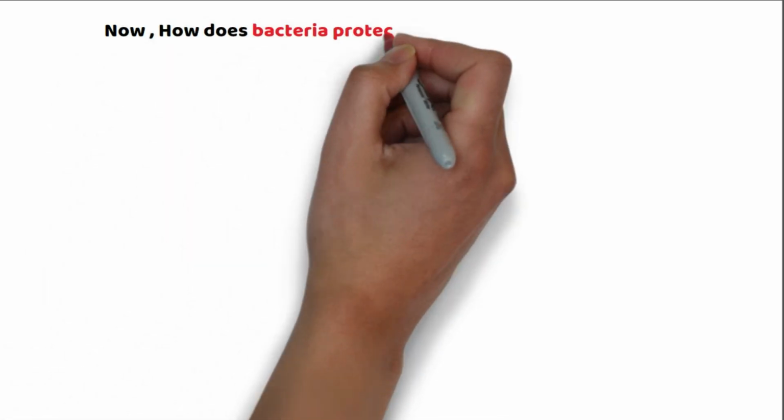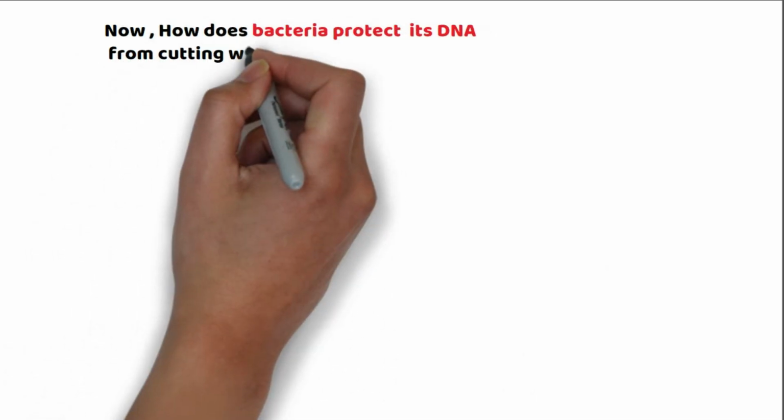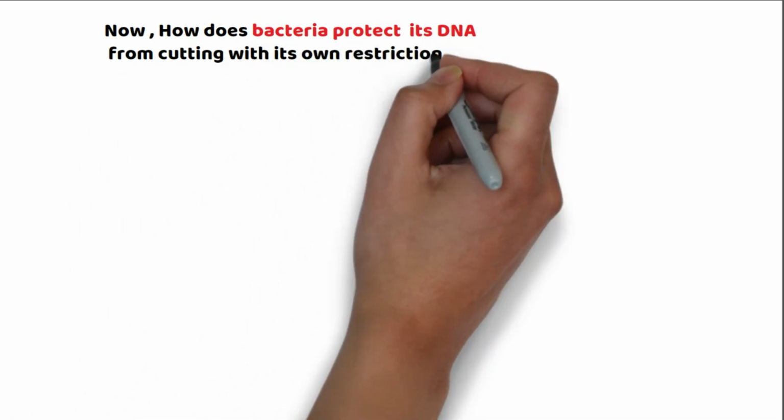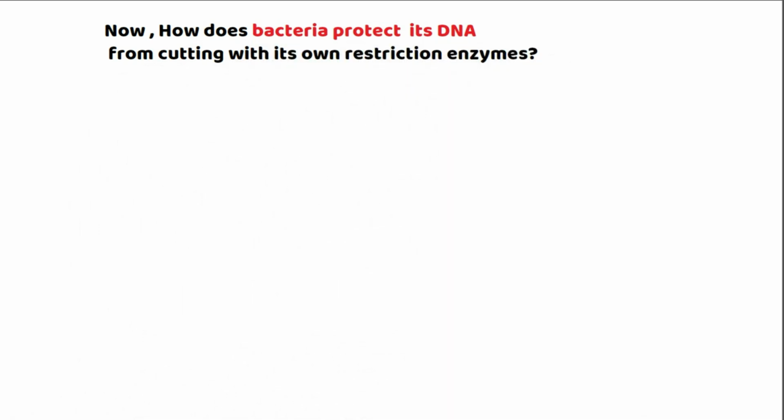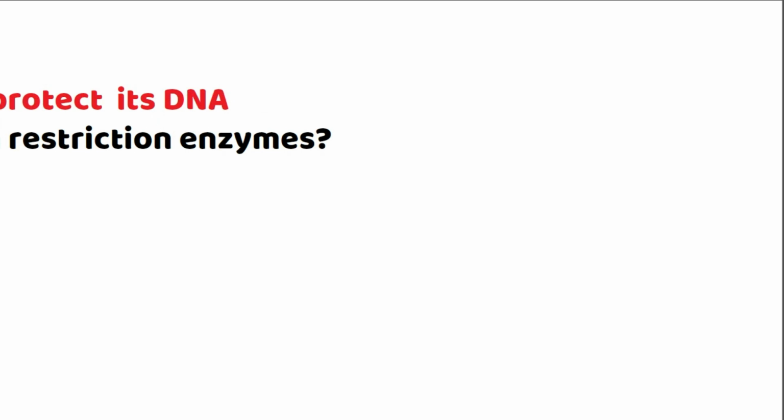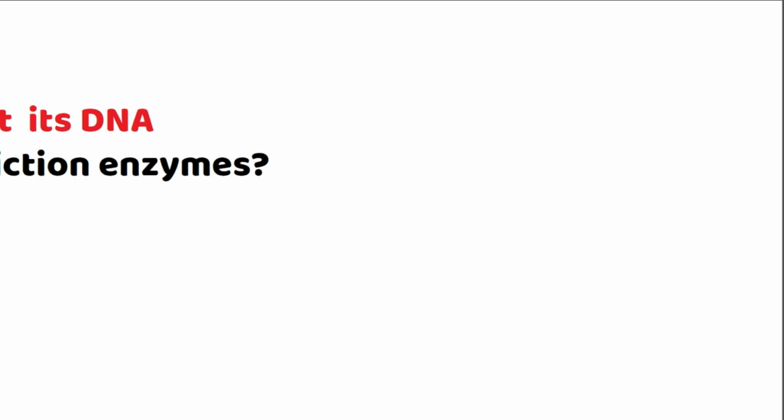Now, how does bacteria protect its own DNA from being cut by its own restriction enzymes? Okay, both are found inside the same bacterium, in the cytoplasm, where DNA is spread in the cytoplasm, and also restriction enzymes are found in the cytoplasm. Why don't restriction enzymes attack bacterial DNA?